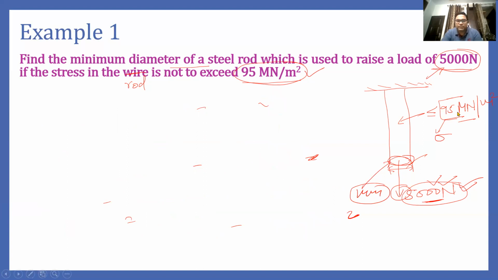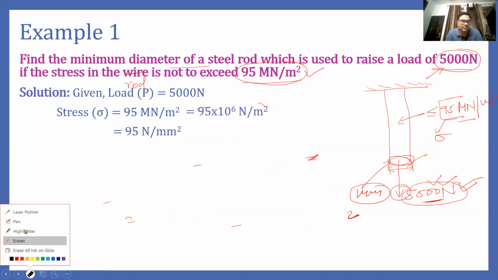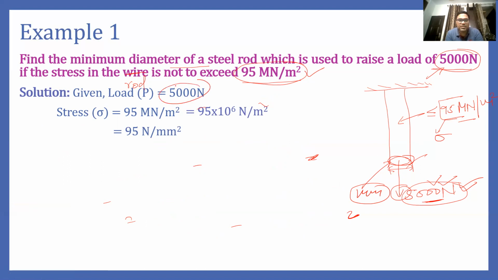Here we know that stress is force upon cross-sectional area. So first we will see the given load. The given load is 5,000, which we can represent as P, and the stress is 95 Newton per mm square. We know that average stress is force upon area.